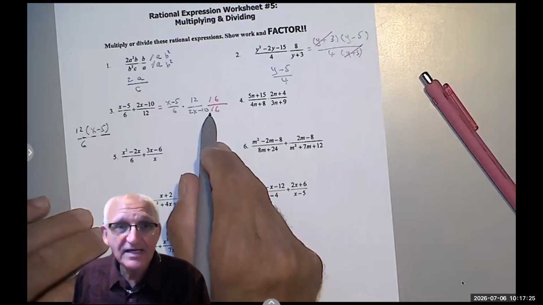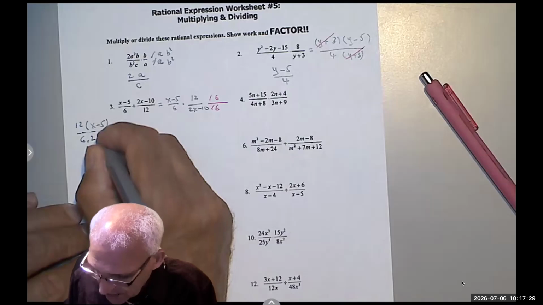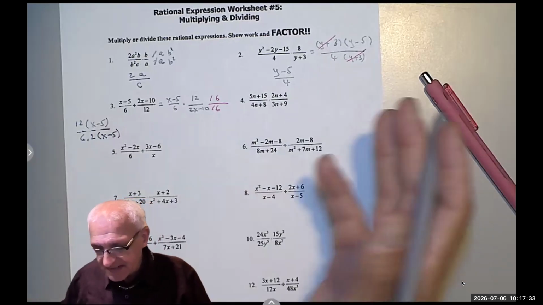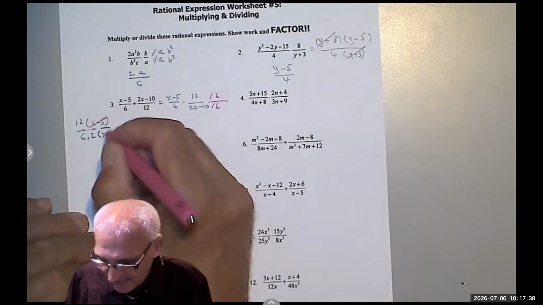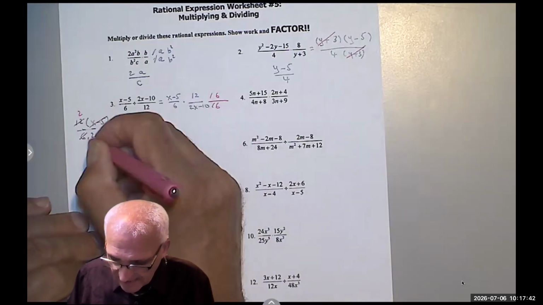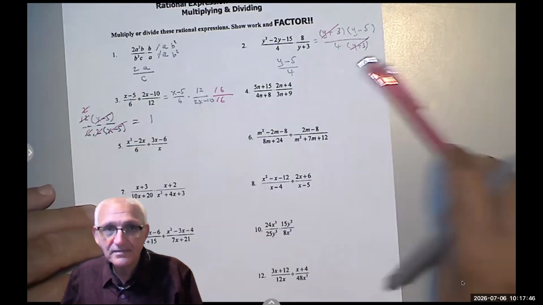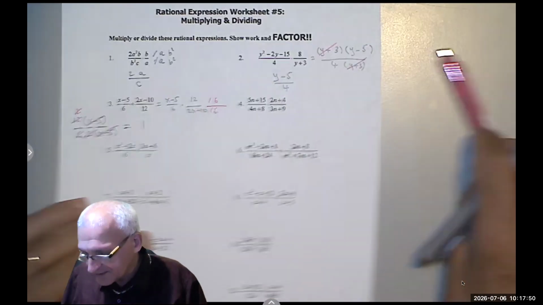And then the 2x and the negative 10 have 2 in common, so times 2 and x minus 5. And that basically is the same thing, so you get 1. I can simplify the x minus 5 and the x minus 5. The 12 over 6 is 2, and then the 2 over 2 is 1. The answer is 1. The quantity in the numerator is the same as the quantity in the denominator.